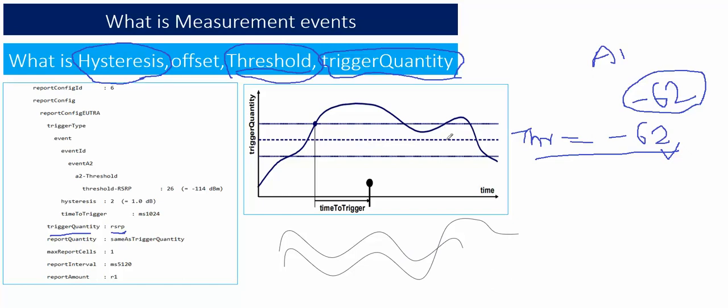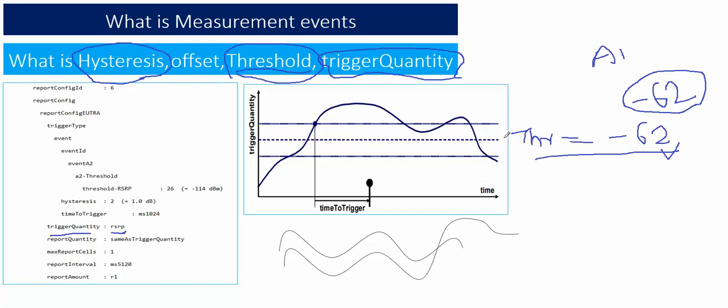If two cells are continuously at the level of minus 62, going up and down, every time there will be a ping pong handover, which will cause delay. Suppose in a call, muting will happen again and again as handover happens, so we should not have ping pong handover. So we will set hysteresis.